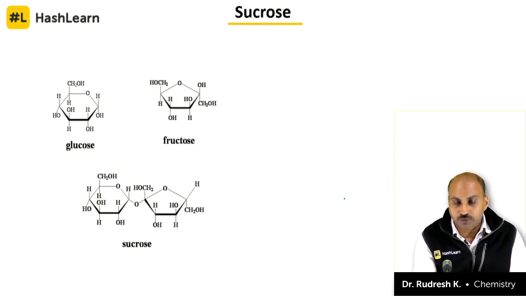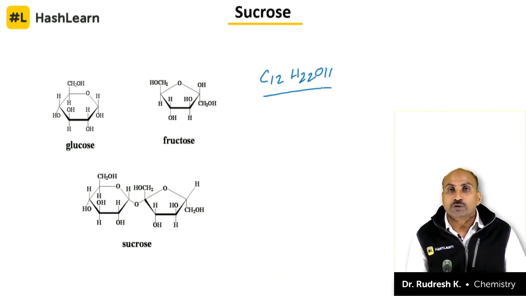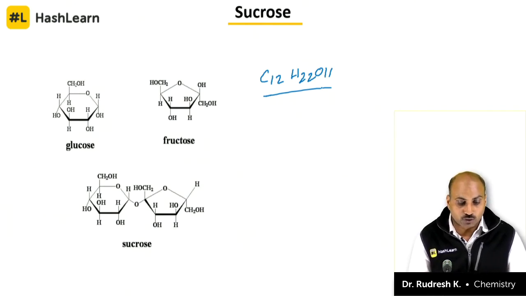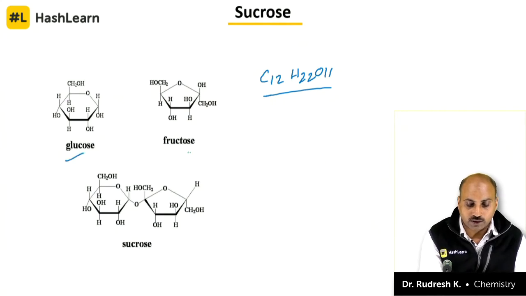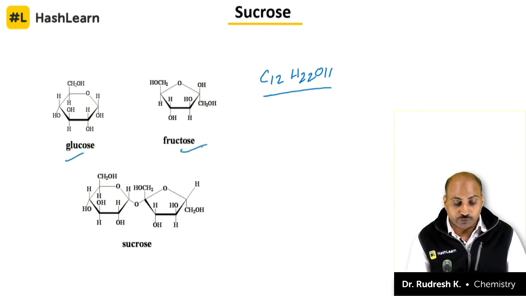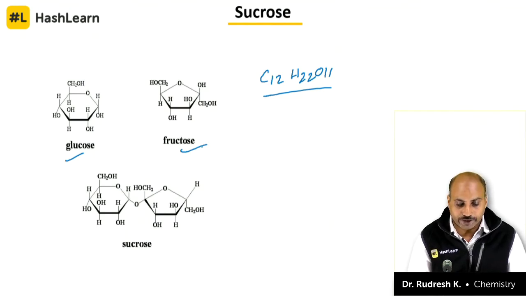The molecular formula of sucrose is C12H22O11. So, when you hydrolyze this sucrose, it is going to give two important components, glucose and fructose, out of which one is dextrorotatory and the other is levorotatory.